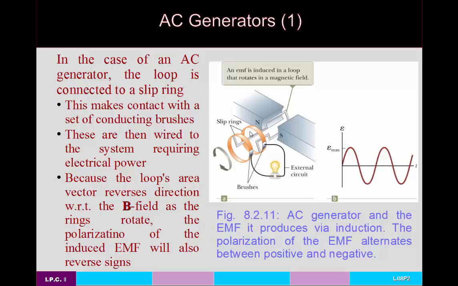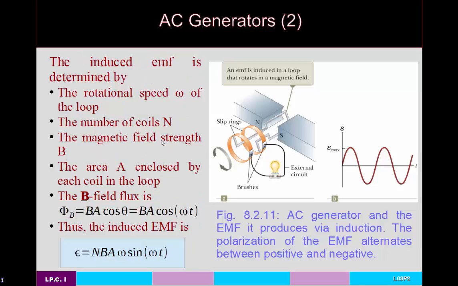Now, why does this make AC generation? Why is this an AC generator? Well, basically the reason is because as you rotate this coil, you're going to be decreasing or increasing, depending upon the orientation, the amount by which the flux is changing per unit time.